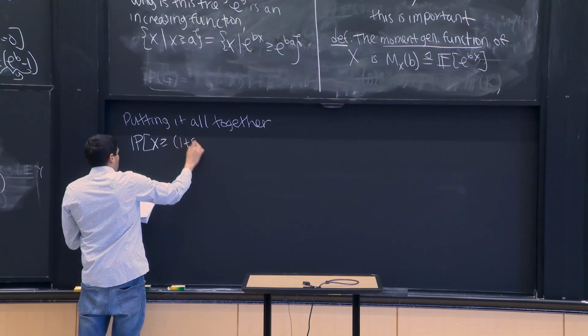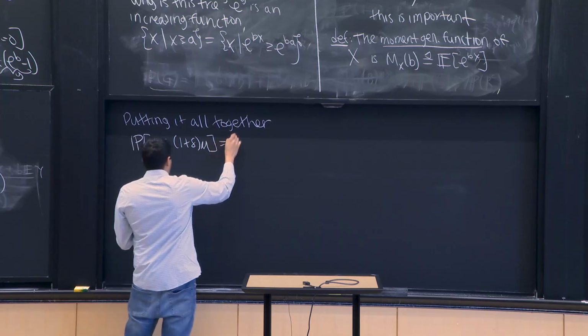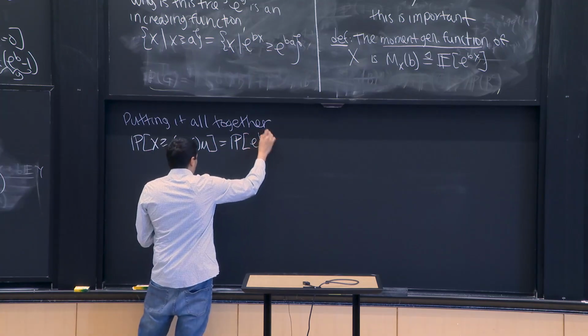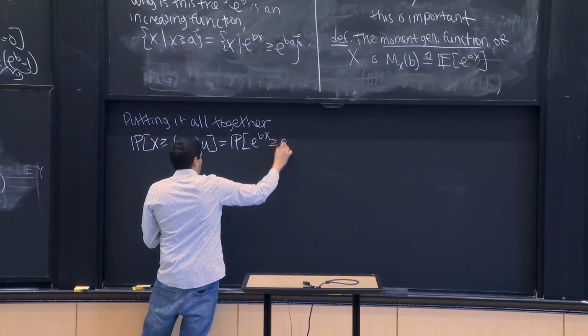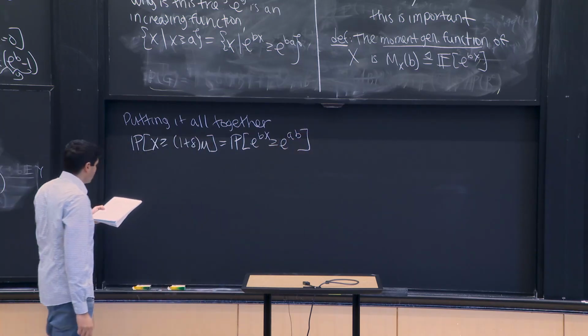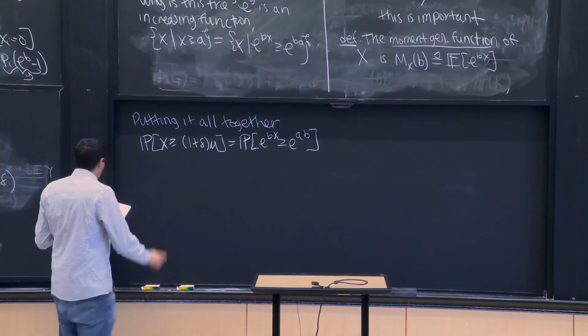And remember, a is 1 plus delta times mu. We know that this is the same as the probability that e to the bX is at least e to the ab, where a is again my 1 plus delta mu, right? This uses that first fact that these two events are the same.